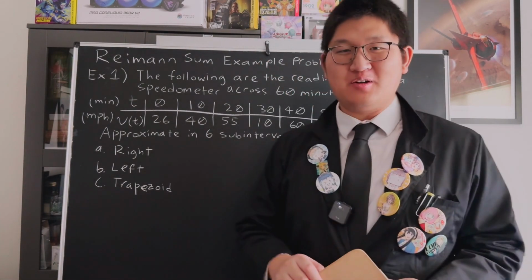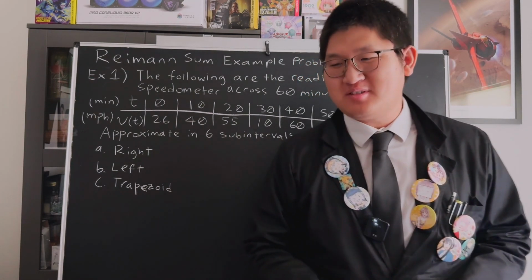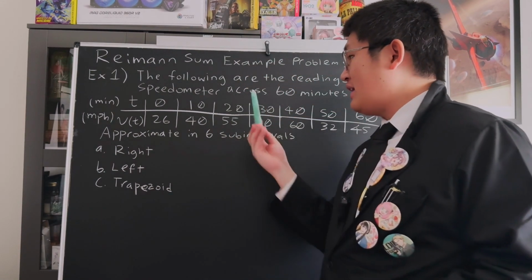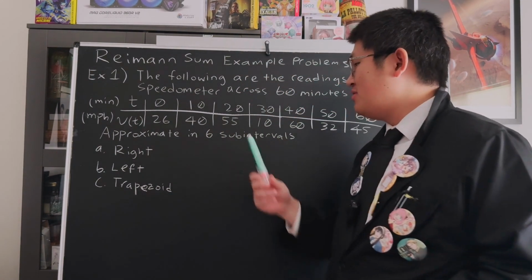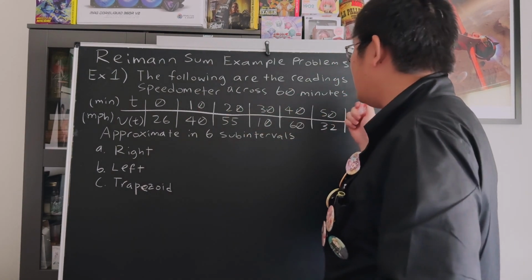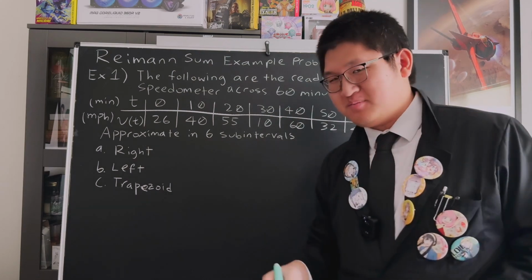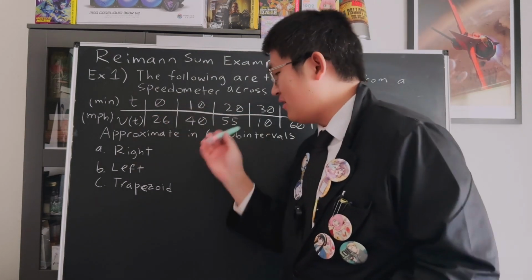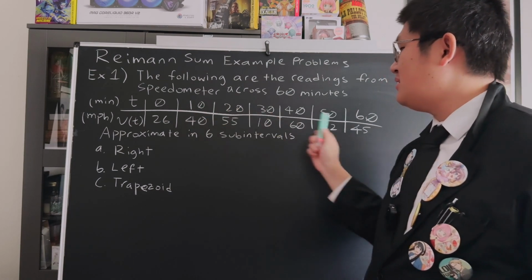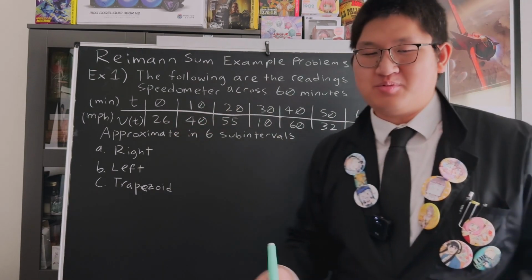We've got a few problems to go over, and then we'll be out of your way with those Riemann sums. As part of our example set, we have a great word problem with a table of data points. It says the following are the readings from a speedometer across 60 minutes, with the table filled out in increments of 10 minutes, going to these different speeds in miles per hour.